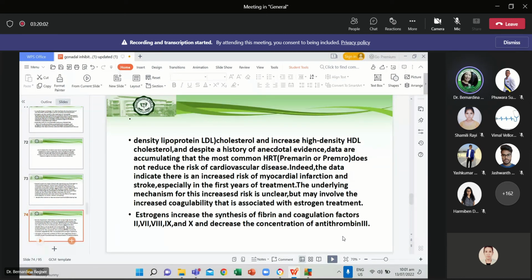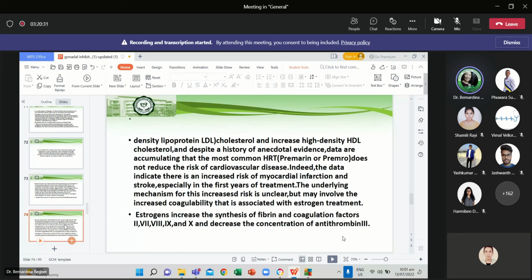Because of the increased coagulability associated with estrogen treatment. It increases the synthesis of fibrin and coagulation factors 2, 7, 8, 9, and 10, and it can decrease the concentration of antithrombin 3. So please try to review.